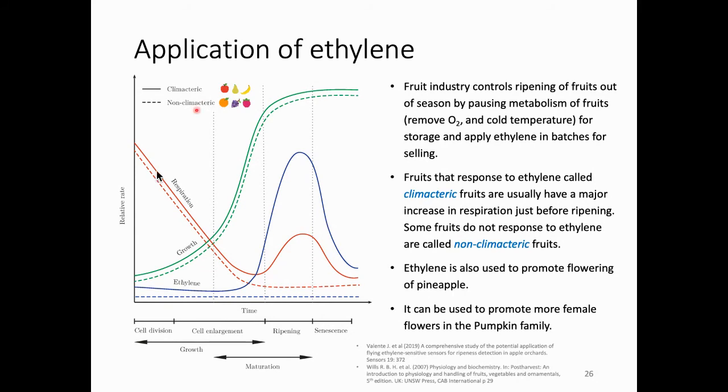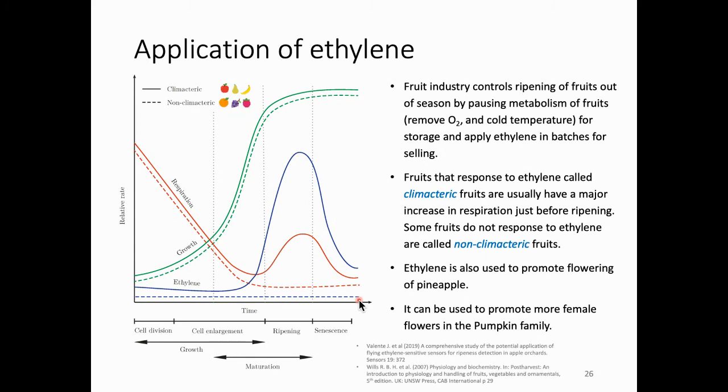This fruit, during the ripening, will increase respiration rate and increase ethylene production, and it requires ethylene to ripen. And this is the growth. For the non-climacteric, look at the broken lines. In non-climacteric fruits, the growth is the same as the climacteric, but the respiration rate is not increased during the ripening, and the amount of hormone ethylene is still flat.